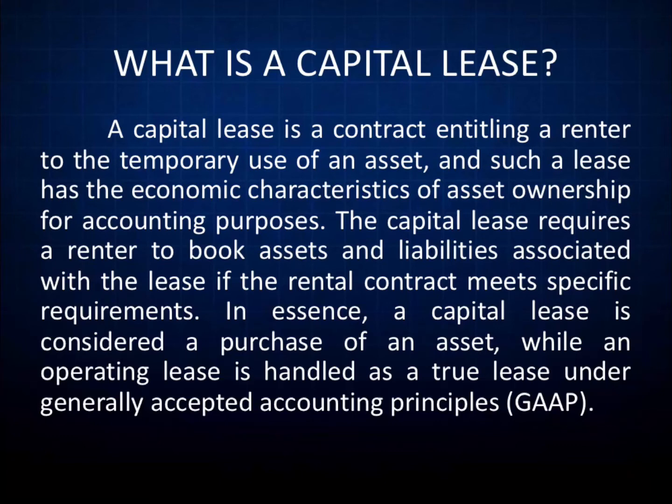The capital lease requires a renter to book assets and liabilities associated with the lease if the rental contract meets specific requirements. In essence, a capital lease is considered a purchase of an asset, while an operating lease is handled as a true lease under generally accepted accounting principles.